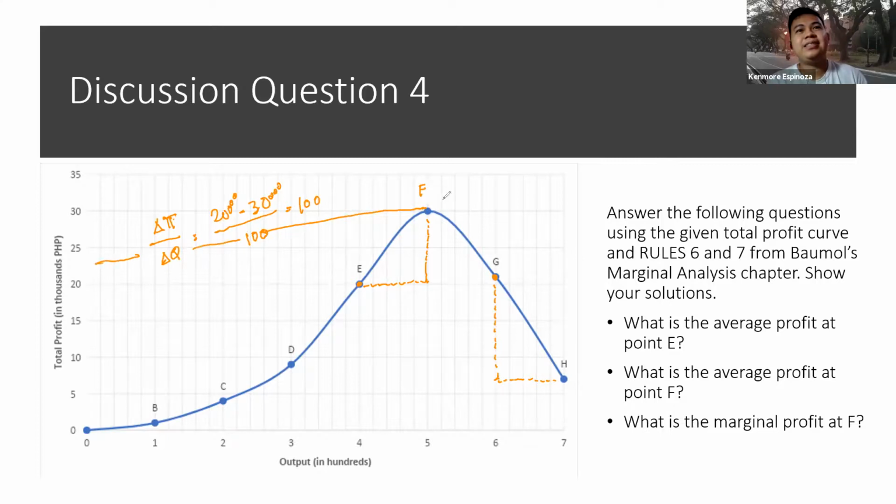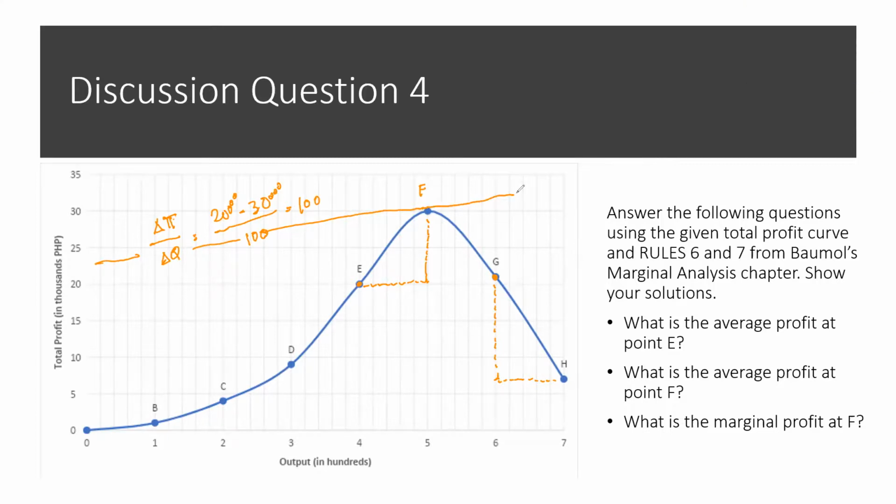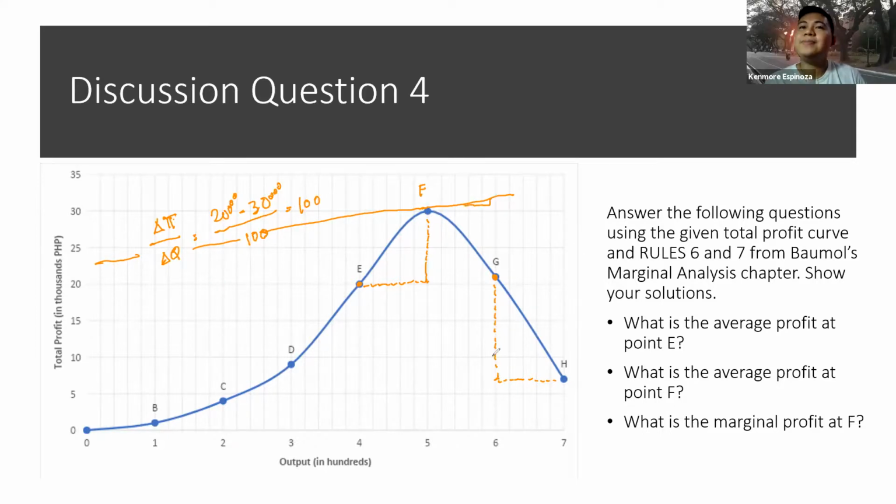Okay, parang ganyan. So then you get the slope of this one. Okay. So mathematically, if F is at its peak, this should be equal to 0.